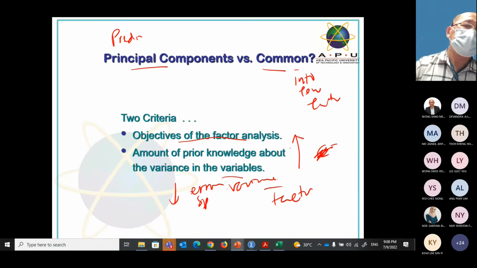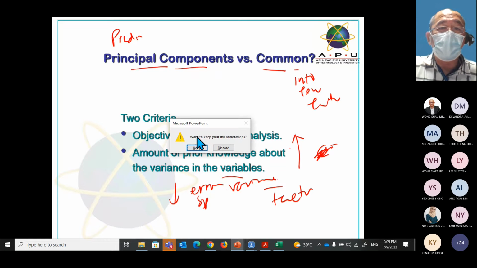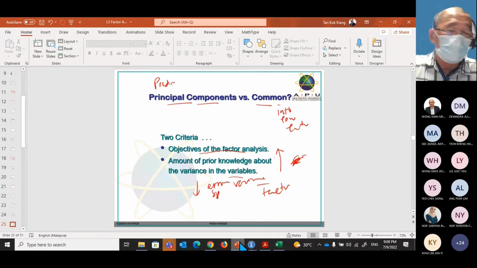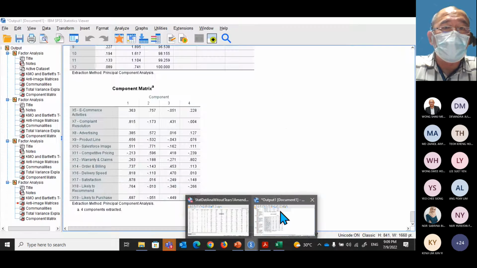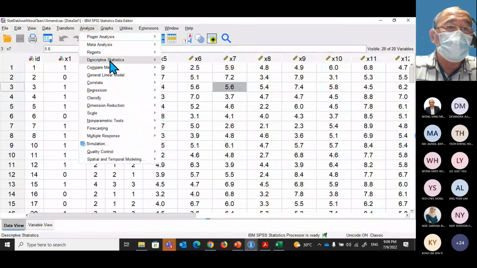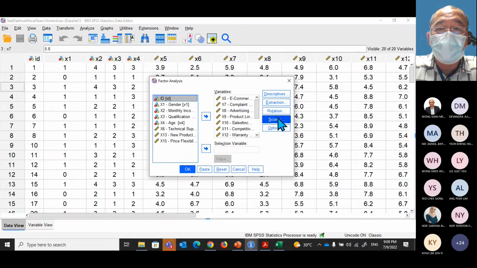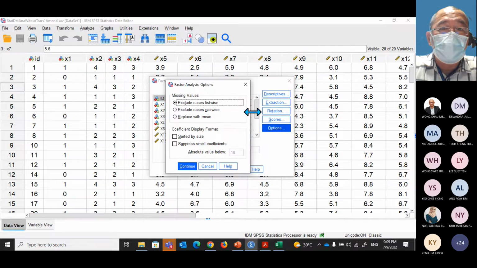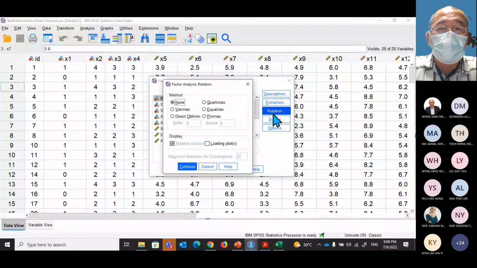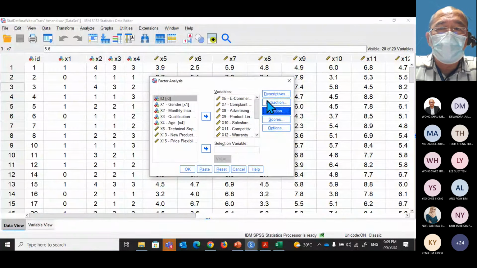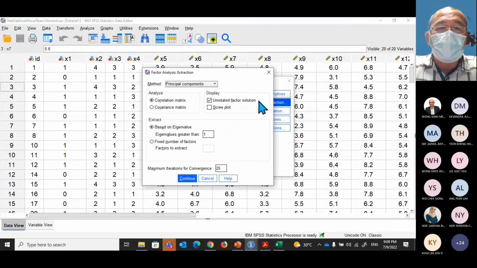Basically we still use these two, they are not too different actually, because you cannot find common factor analysis but you find principal component analysis in SPSS. So this common factor analysis is the exploratory factor analysis, right?